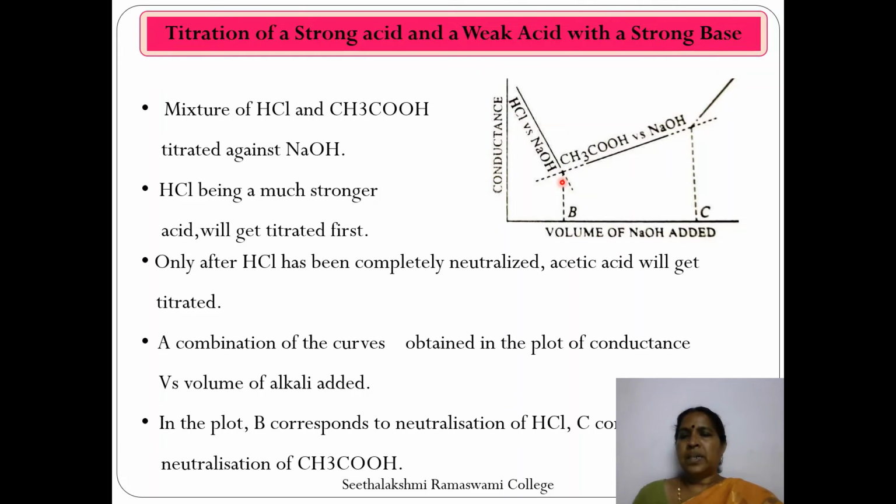After this first endpoint, a slight increase in conductance is observed due to the formation of the salt sodium acetate. After the second endpoint, an increase in conductance is observed due to the presence of hydroxyl ions in sodium hydroxide. The first endpoint is due to the titration of strong acid versus strong base. The second endpoint is for the titration of weak acid versus strong base.